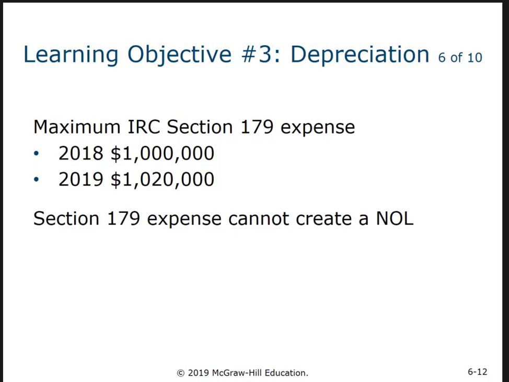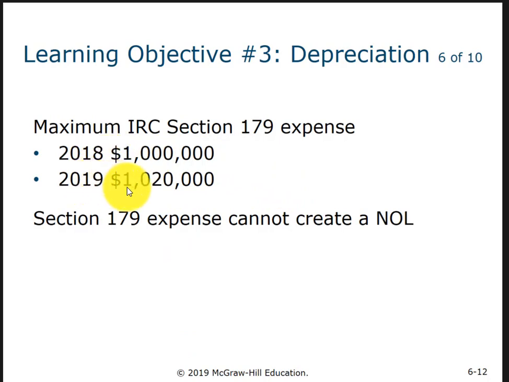Basically, there are two provisions that allow you, while you buy an asset that's going to last you 10 years, to deduct it all in the year you buy it, making it like any other expense. However, there are limitations to this, and the first one has to do with Section 179.